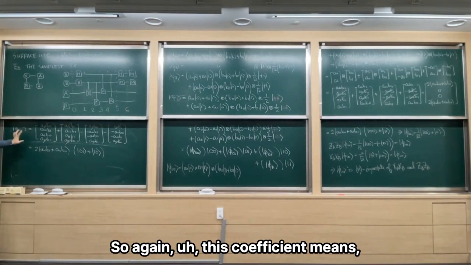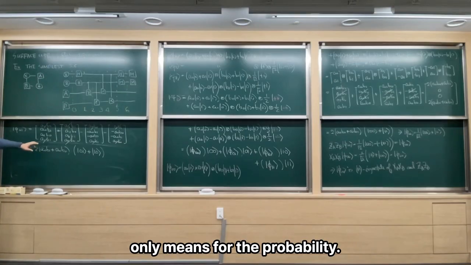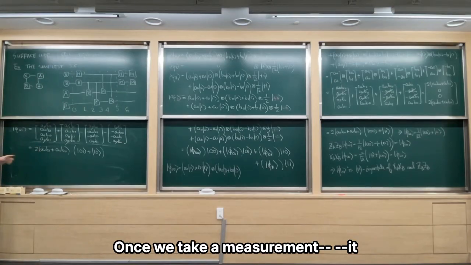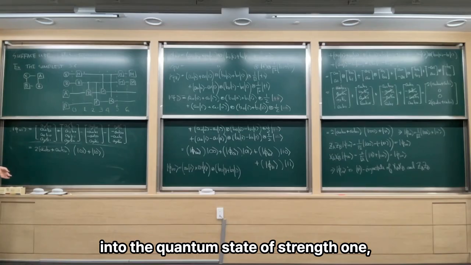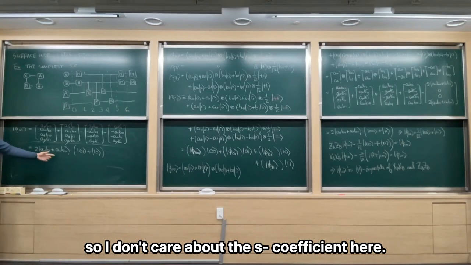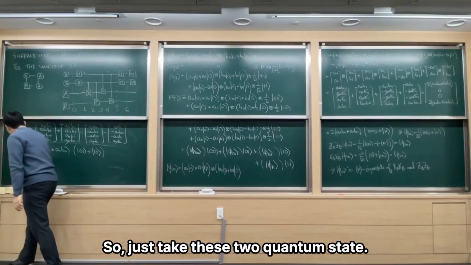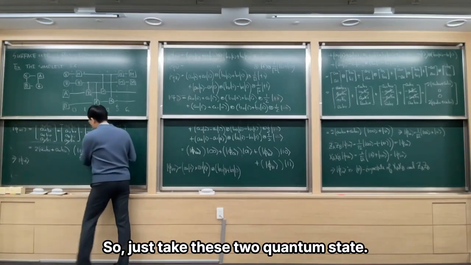Again, this coefficient only matters for the probability. Once we take the measurement, it will collapse into the quantum state of strength 1. So I don't care about the coefficient here. Just take these two quantum states.